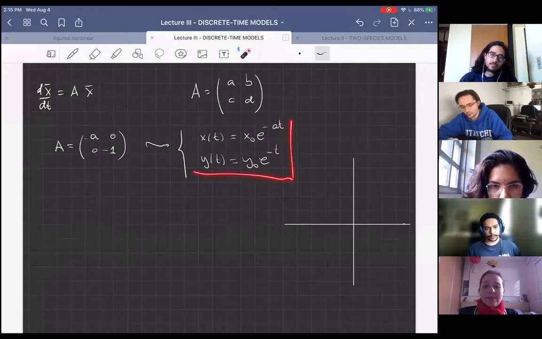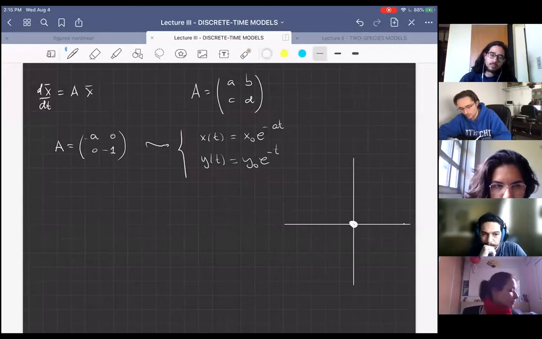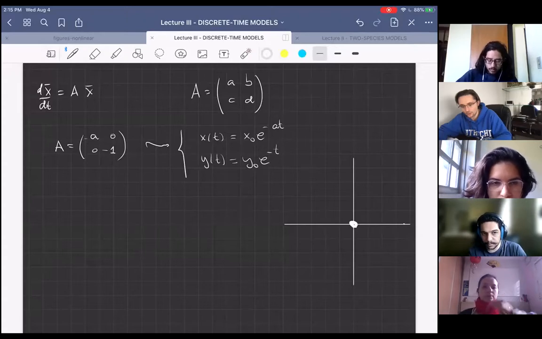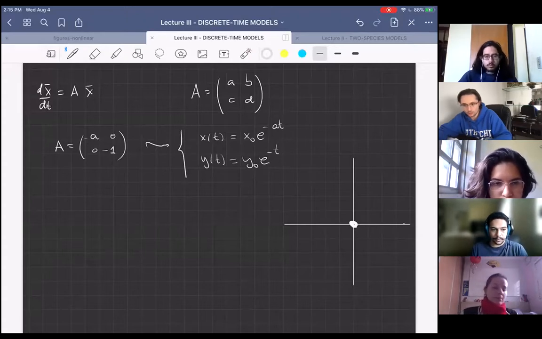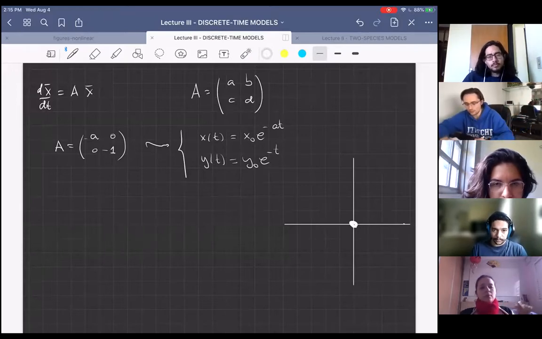If t goes to infinity, what is the long-term behavior? Of course, the fixed point. Which one is going to be the fixed point? Where does this solution go when t goes to infinity? To 0, 0, right? Both the dynamics in x and in y go to 0. So this is my fixed point.